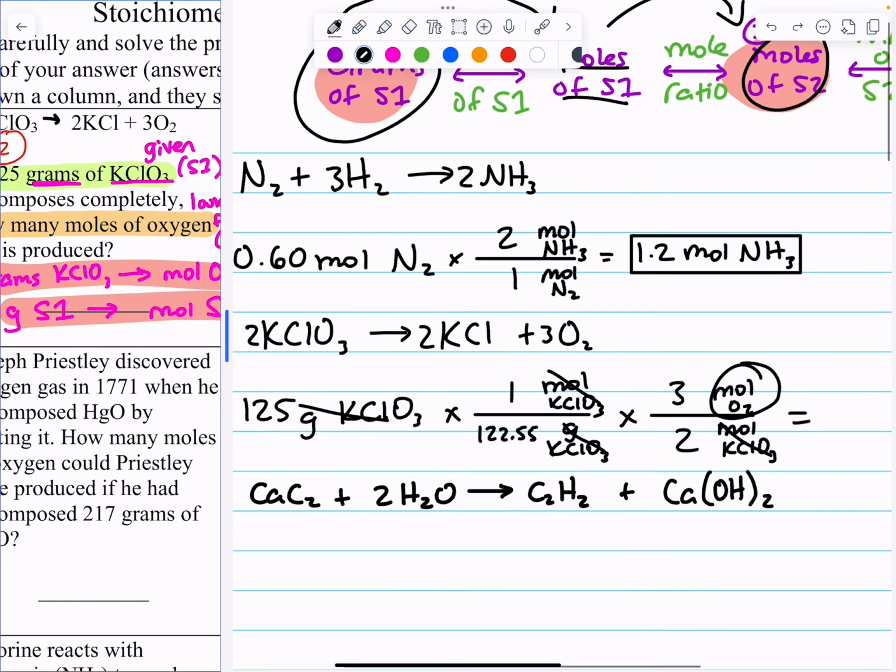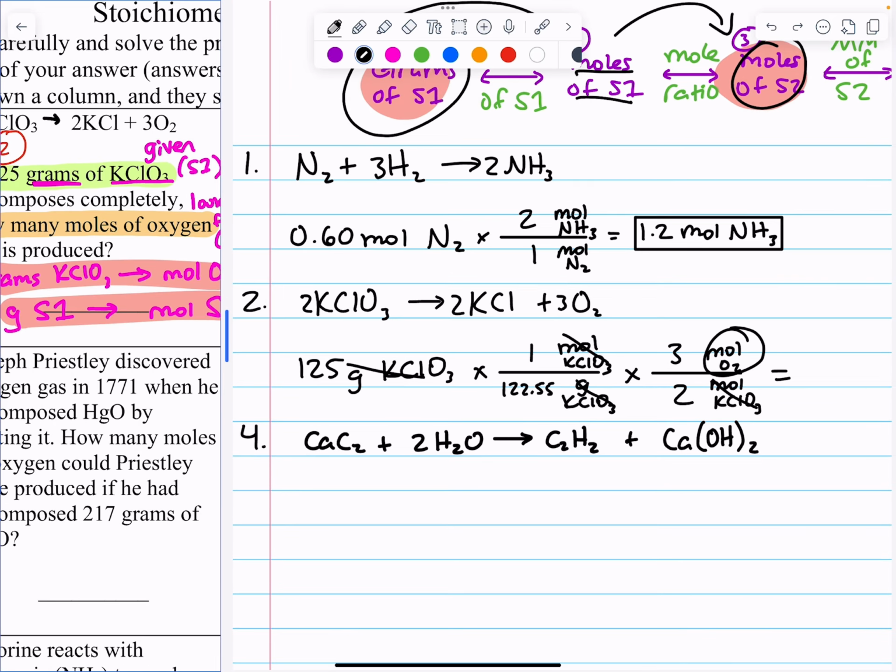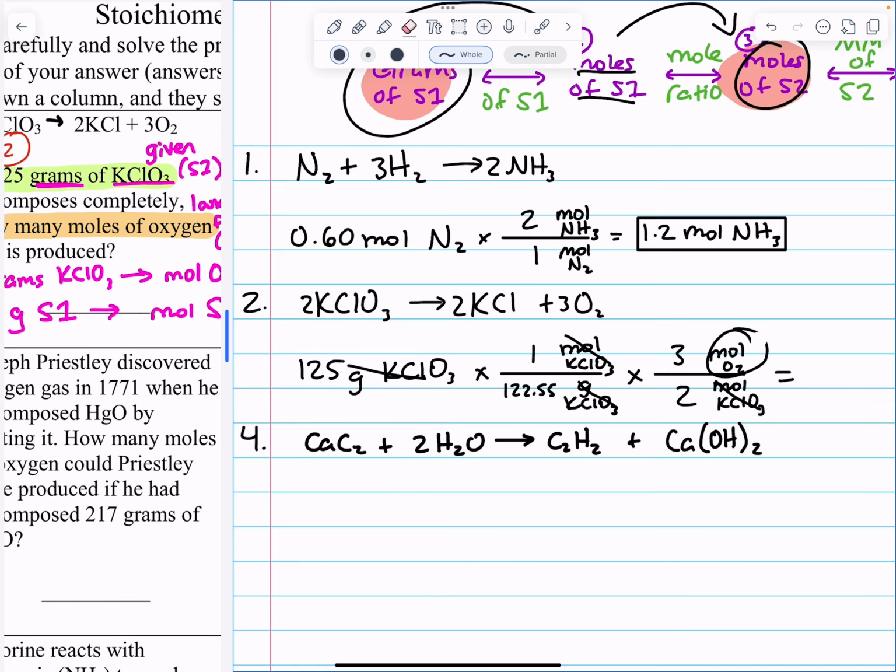So I will plug this into the calculator and I will get my answer. So all I have to do is, hold on, sorry. I will plug this into the calculator. 125 times 3 divided by 122.55 times 2.